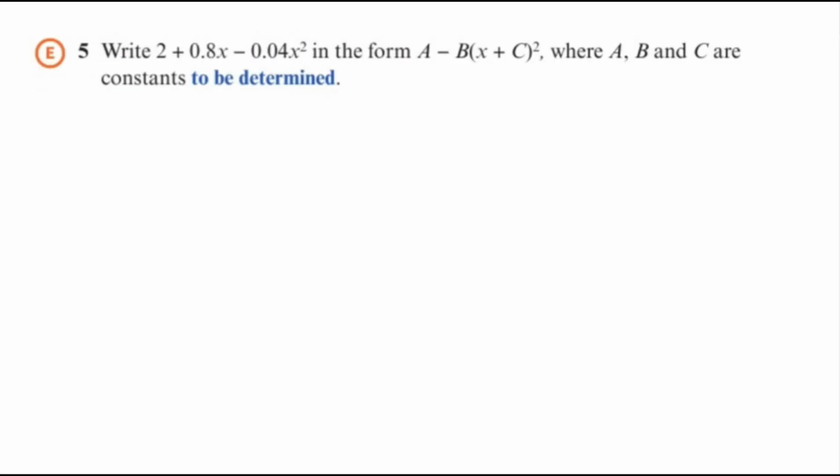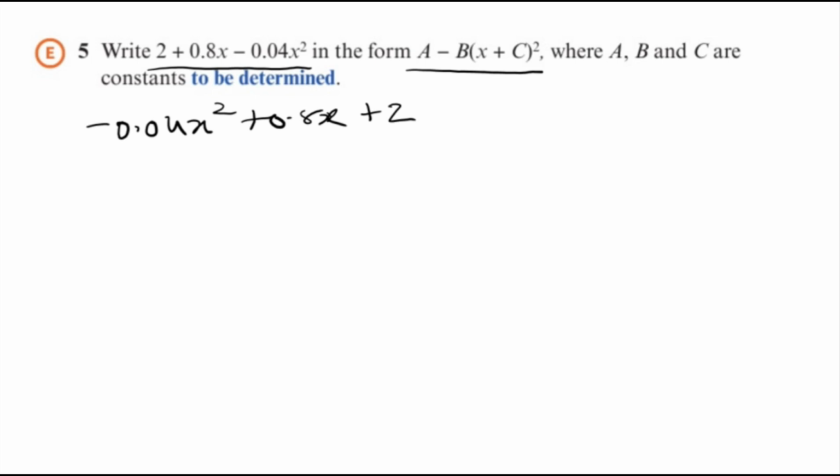Question number 5. Write 2 plus 0.8x minus 0.04x squared in the form a minus b into x plus c squared, where a, b, c are constants to be determined. So to do this question, first we have to rewrite it in the form, first I need x squared term, plus 0.8x plus 2.